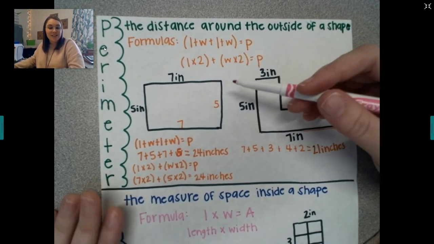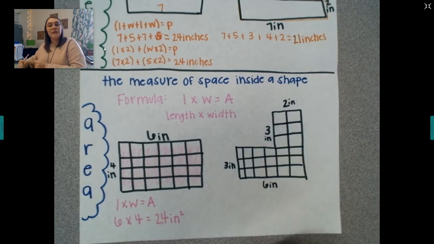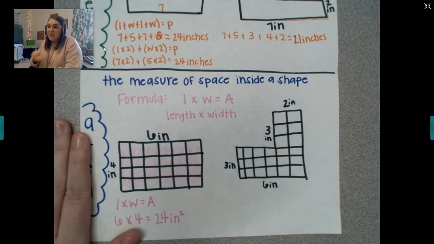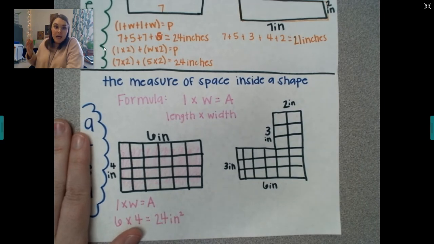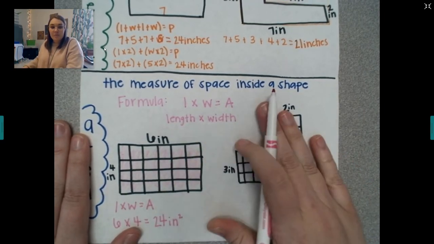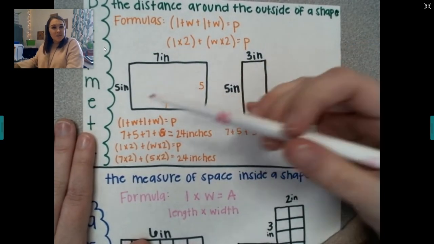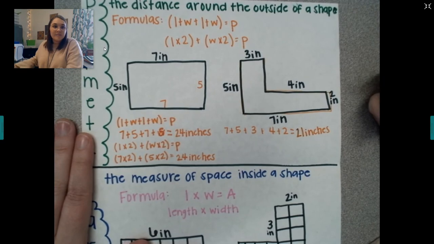That's what that song tells you. And then area, we can find the area. Multiply the length times width. That's why I'm trying to get you to remember that song, because area is like, think of an area rug. It covers the whole inside. And that's when we multiply the length times the width. When we get perimeter, all we got to do is add up all of those sides.